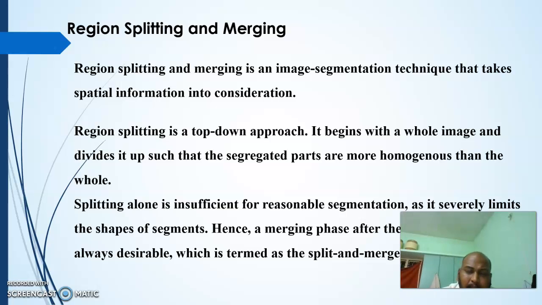Next we are going to see the next approach, region splitting and merging. It is a top-down approach. Here we take the whole image and see whether there are any variations. If there is variance, we split it into different quadrants.